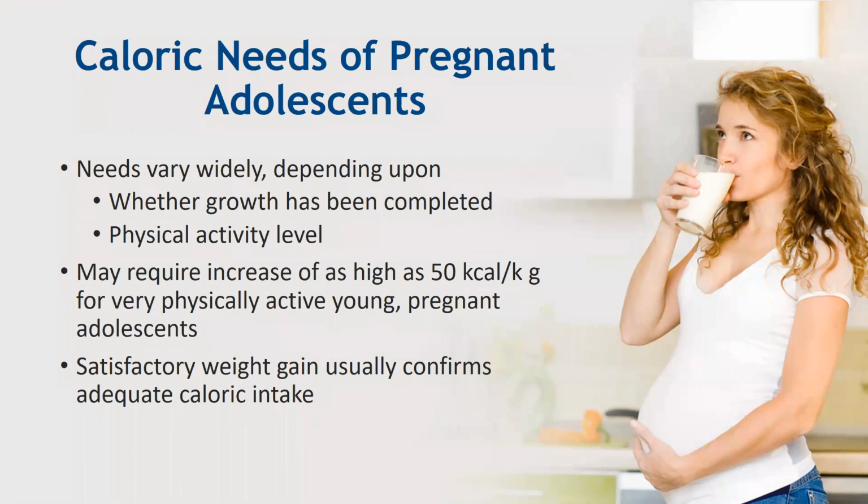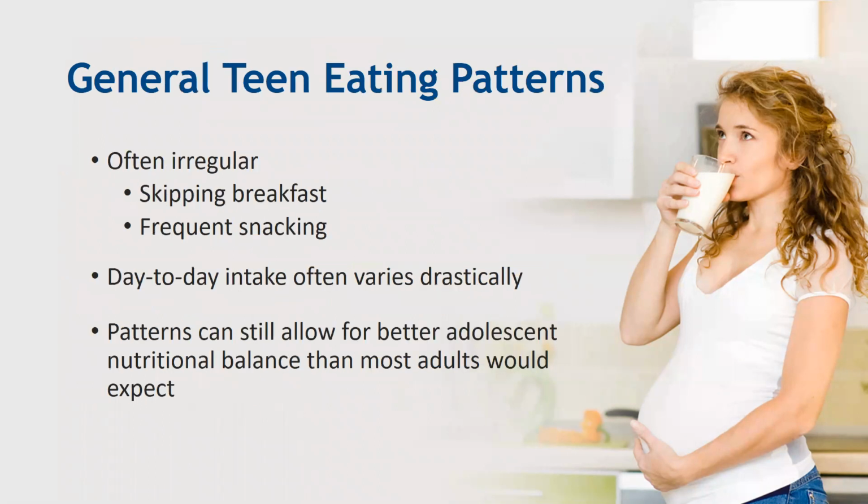They may require an increase as high as 50 kilocalories per kilogram, especially if they're physically active and young and pregnant. Teens often eat irregularly. They may skip meals, eat late meals, or take quick snacks.